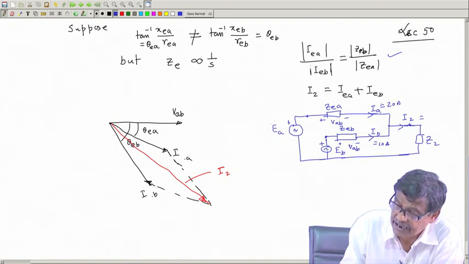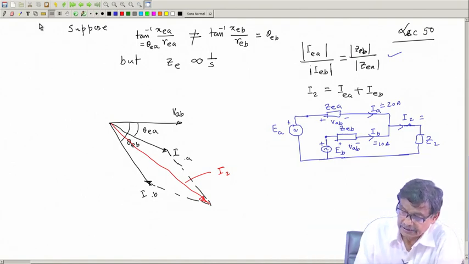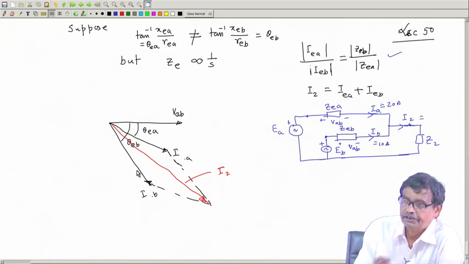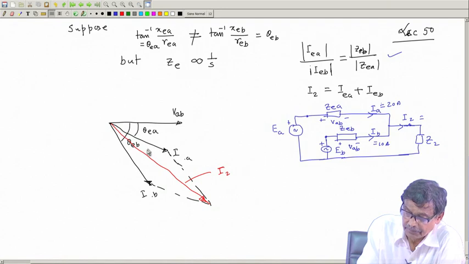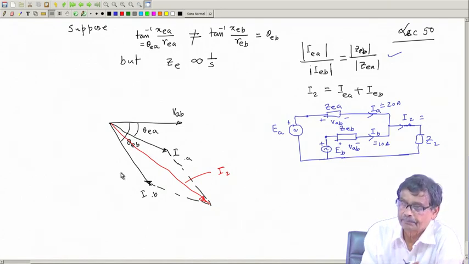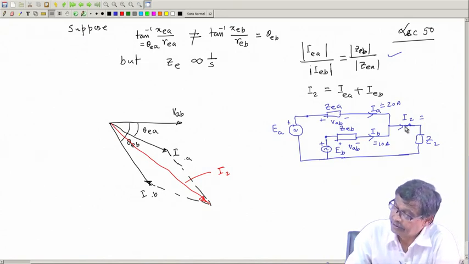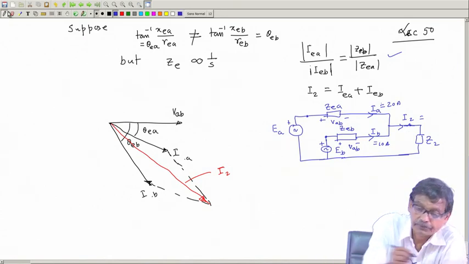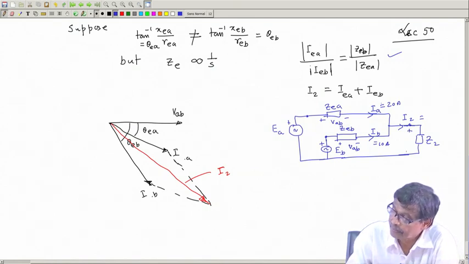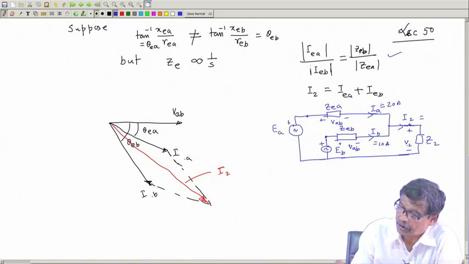Now, EA I want to get. So, you see that IA and IB will be displaced, and this angle will be the difference between theta EA and theta IB, that is understood. Now, I want to get this voltage V2. Suppose from V2 I want to get EA.